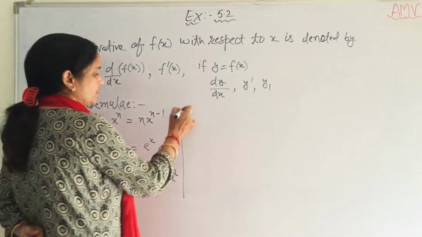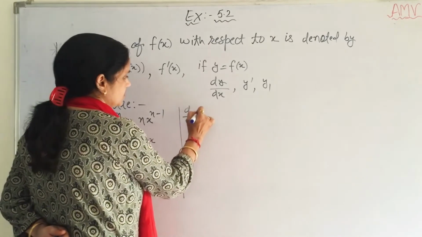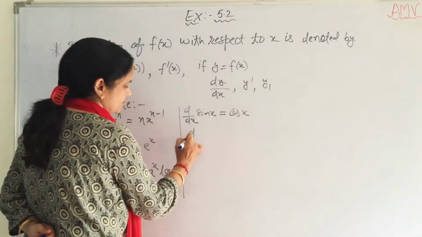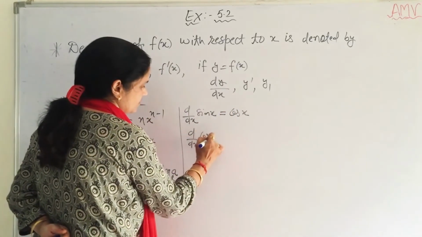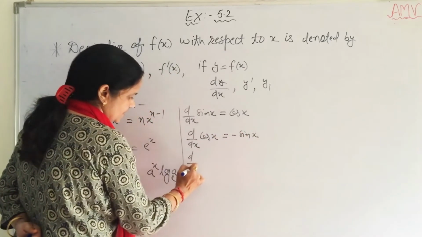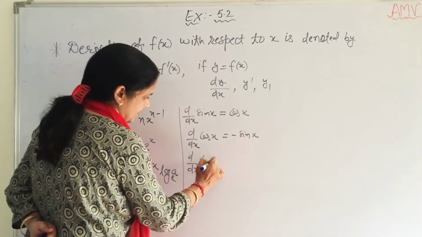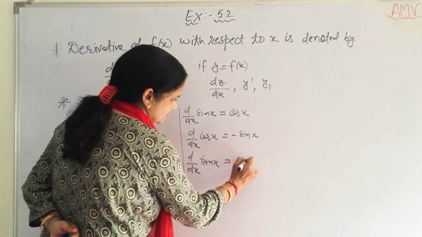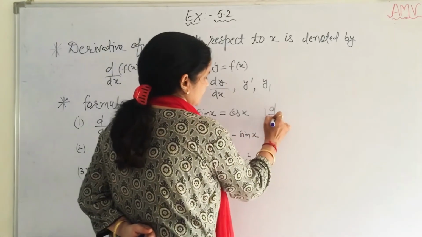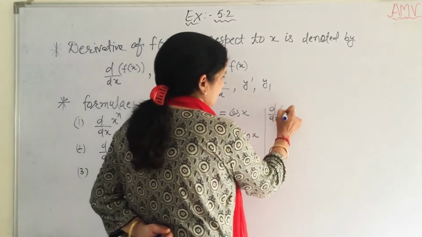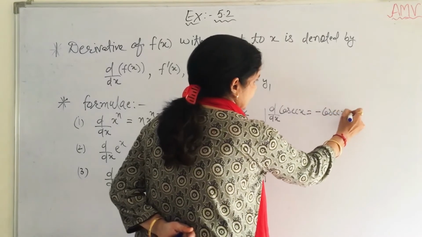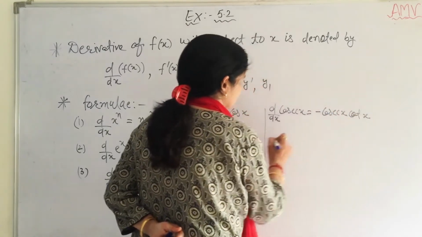And for trigonometric functions, d by dx of sin x is cos x. The derivative of cos x is minus sin x, and the derivative of tan x is sec square x. Next, the derivative of cosec x is minus cosec x cot x.